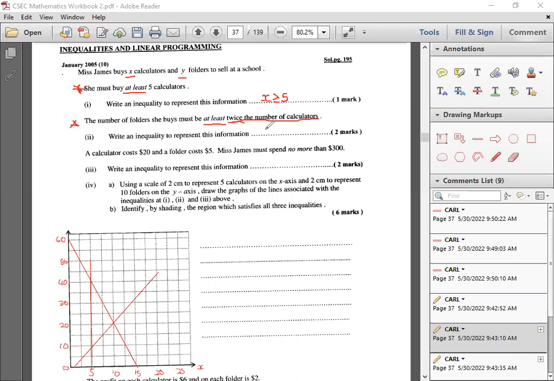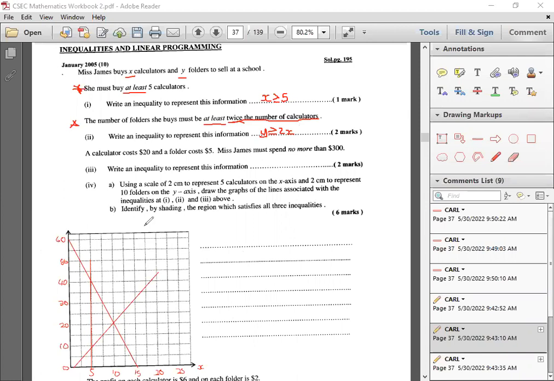Look at it again. The number of folders she buys, sorry, must be y is greater than or equal to 2x. So y must be greater than or equal to 2x. Very good.